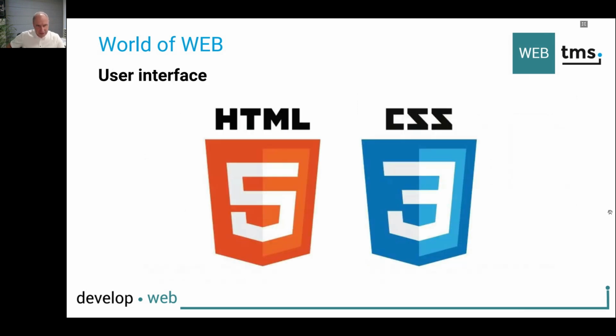The user interface of web applications is created via HTML and CSS. We know that in a native Delphi application, that is achieved for VCL applications by wrapping Windows APIs to do GDI or GDI plus drawing.